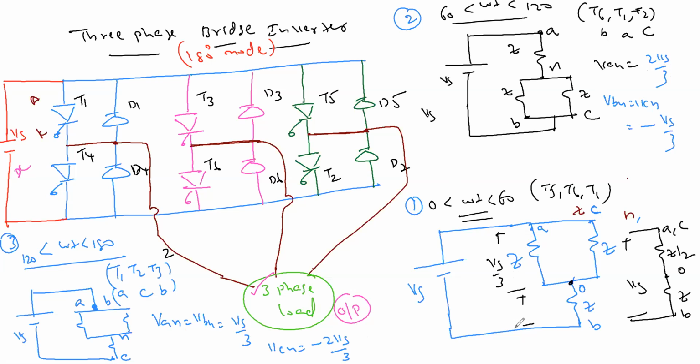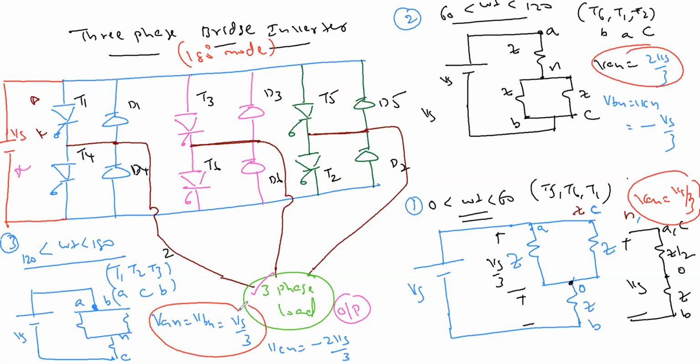Then I would like to draw the waveform here now. Shall I draw the waveform now? Similarly, you can calculate. I want to draw the waveform here. 180 तक जो भी draw कर दे, दिखाता हूँ आपको. See the wave phase values. A phase. This is VAN. VS by 3 at 60, 2VS by 3 at 120, and VS by 3 at 180. I need to draw these two values. Similarly for B phase and for C phase.